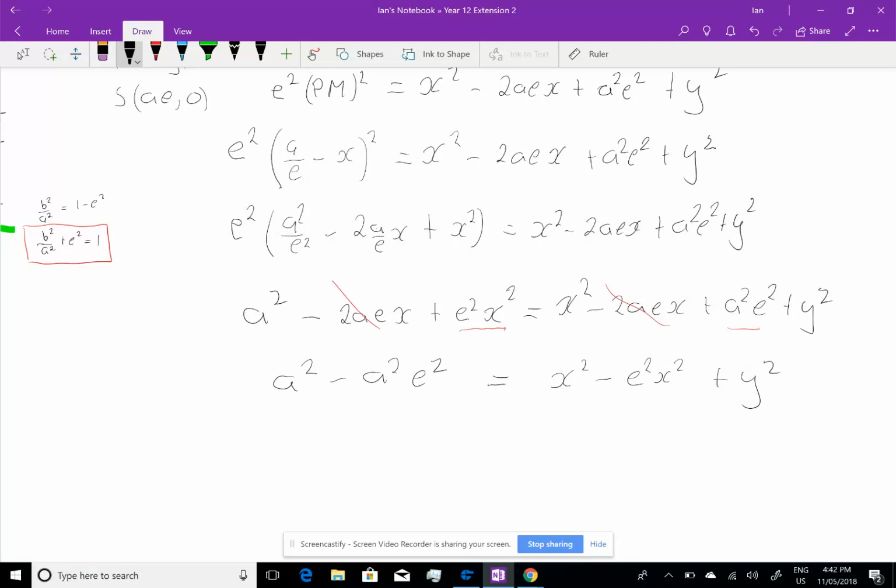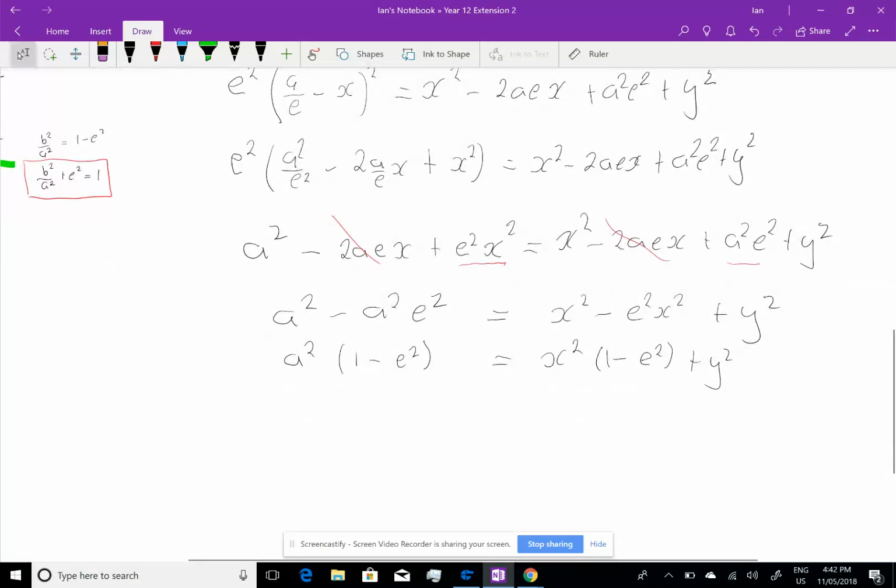All right, let's factorise out the a squared, 1 minus e squared, and let's factor out the x squared, 1 minus e squared. It's looking a little bit tidier now.